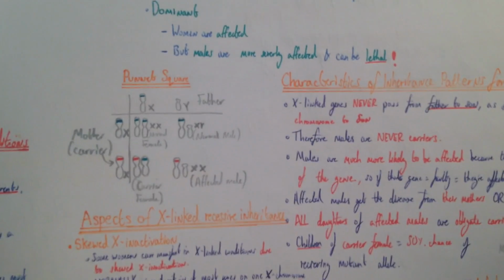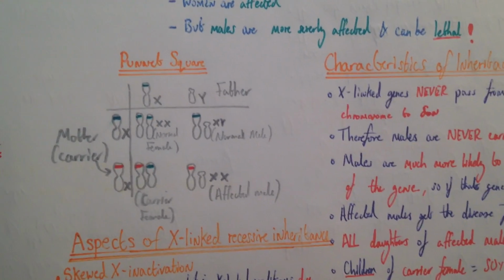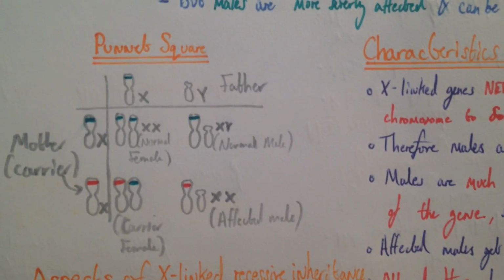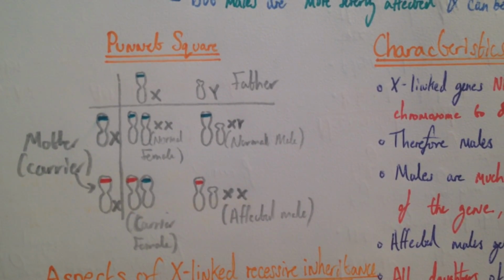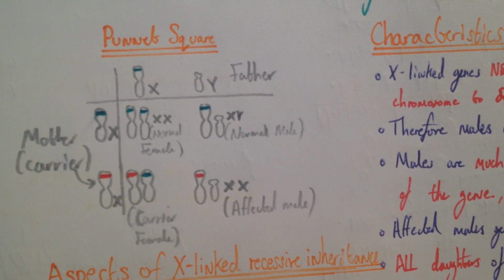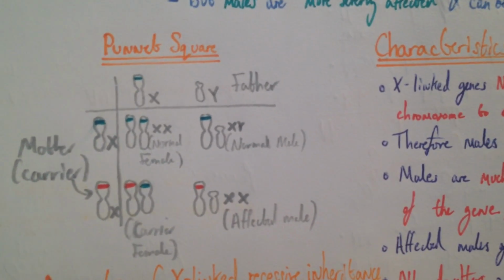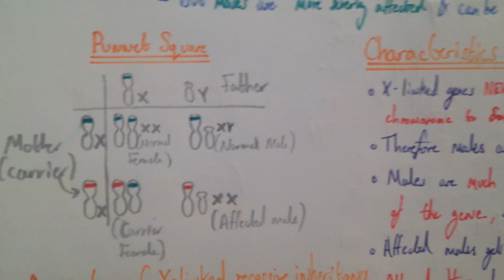So if we were to look at the Punnett square for an X-linked condition, here we would see green indicating the normal allele, and red indicating the faulty allele. So here is our mother. The mother is the carrier of the X-linked condition. Here's the father. The father is normal.